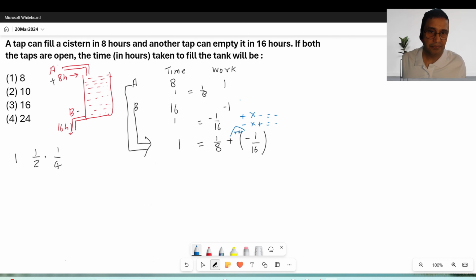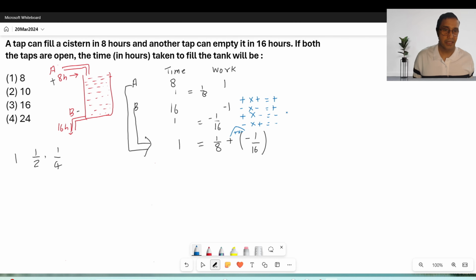If both signs are the same, positive multiplied by positive, the result will be positive. If negative multiplies with negative, the result will be positive. So if the signs of both components of the multiplication are the same, the result will be positive. If there are opposite signs, the result will be negative. I don't want to deviate from the question, but because this concept is coming up, I thought to spend some time to revise it. Okay, so let's come back to the question.